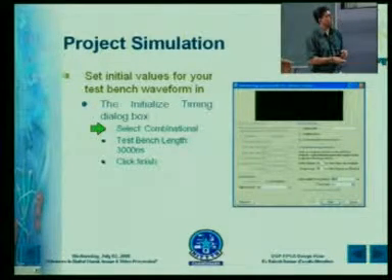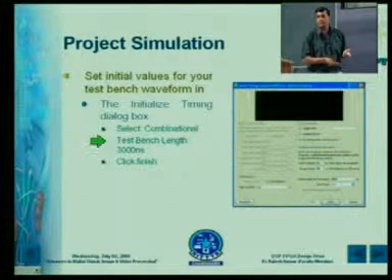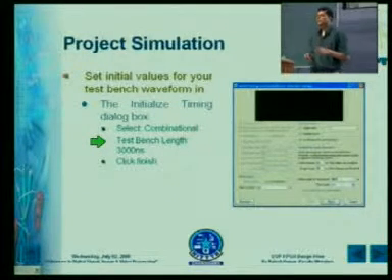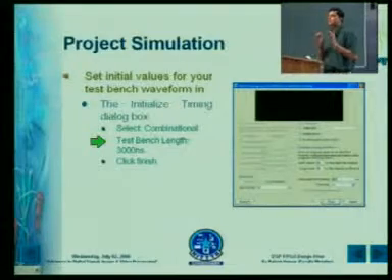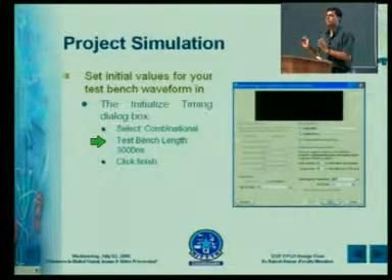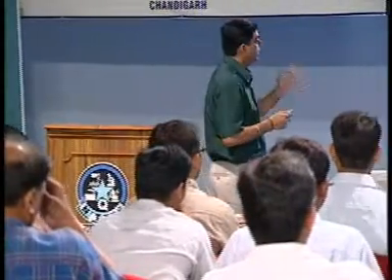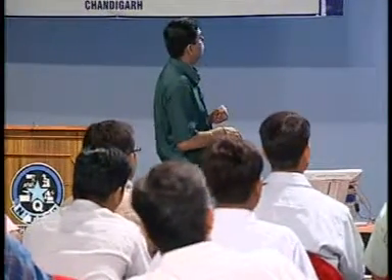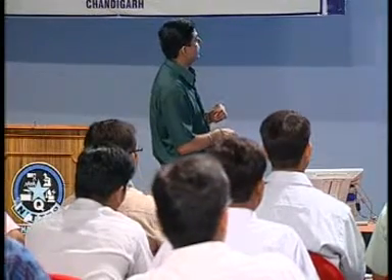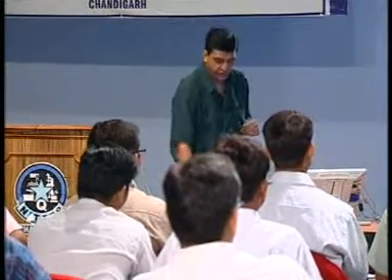Select combinational. Here you can change its value to 3000 nanosecond, which means you want to run this simulation for this much time. So, I am just giving here time as 300 nanosecond, and then click finish.